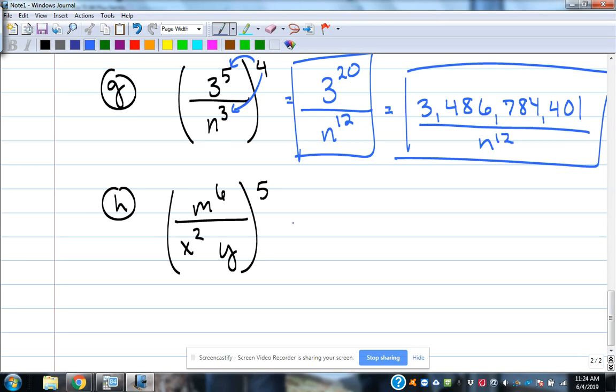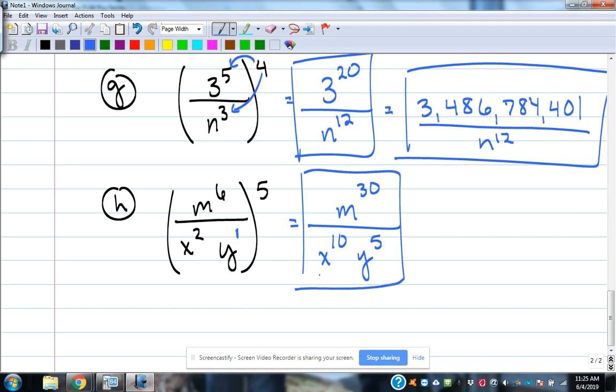So that'd be m to the what on top? m to the 30. And x to the 10. Y, y to the what? 5th, because there's a 1 understood right there, remember? So don't forget that. If it's plain, there's technically a 1 there. So 5 times 1 would be y to the 5th. And that's where you get caught sometimes if you forget to put that 1 there.